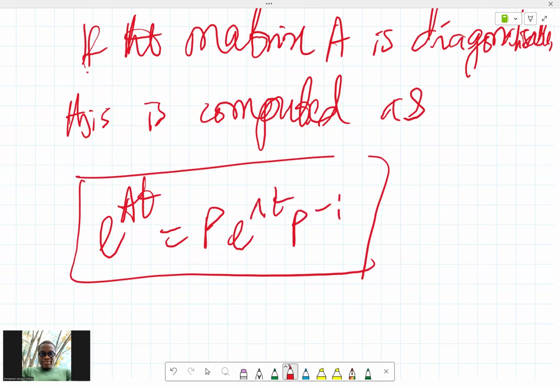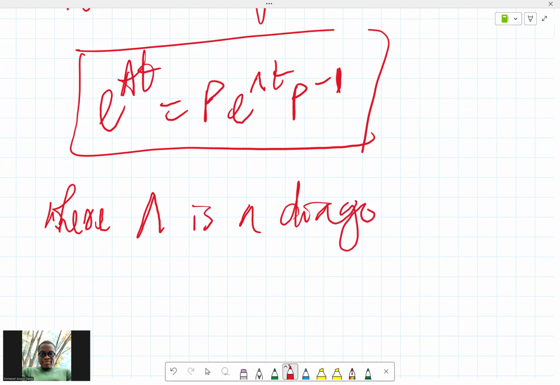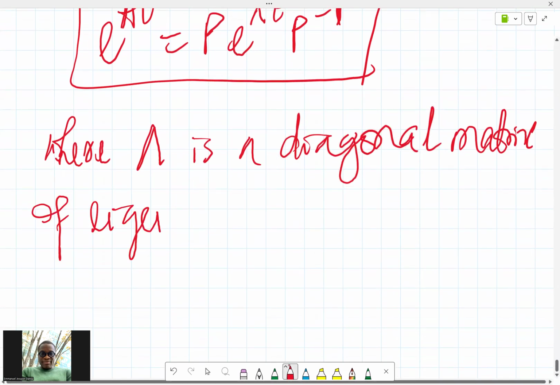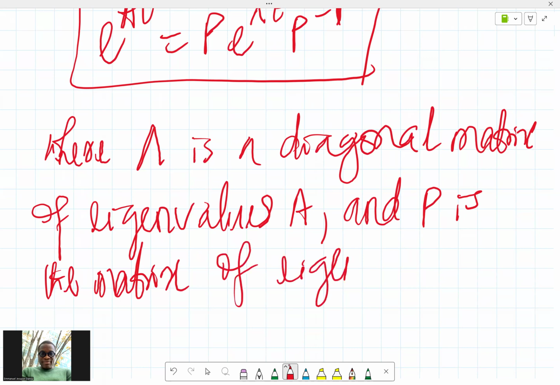That's how we compute it if we have a diagonalizable matrix, where Λ is a diagonal matrix of eigenvalues, and P is the matrix of eigenvectors. So you see that we need eigenvalues and eigenvectors.